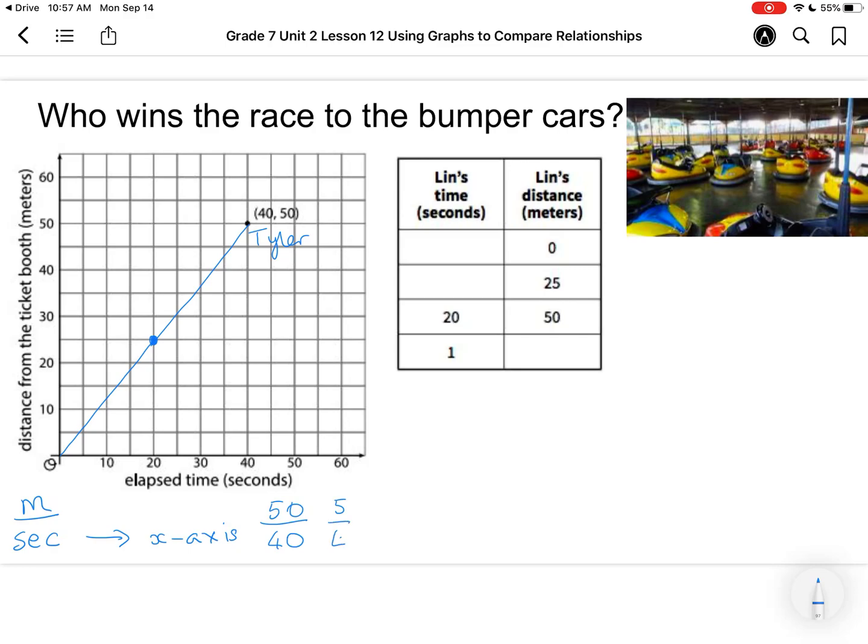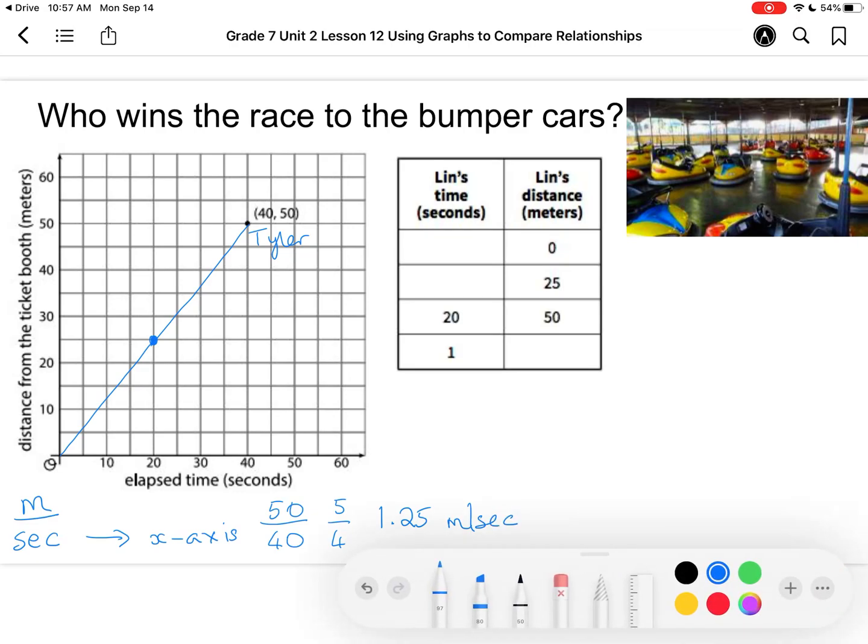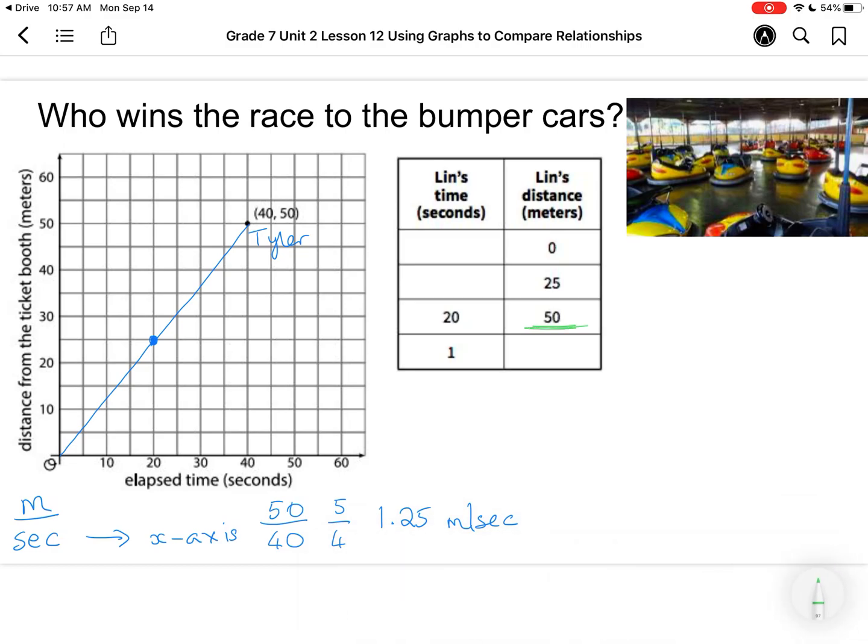So I could simplify that down to 5/4 or 1.25 meters per second. And he goes with his friend Lynn, and Lynn travels 50 meters in 20 seconds. And if I get her unit rate or her constant of proportionality, 50/20, 5/2, she's travelling at a speed of 2.5 meters per second.